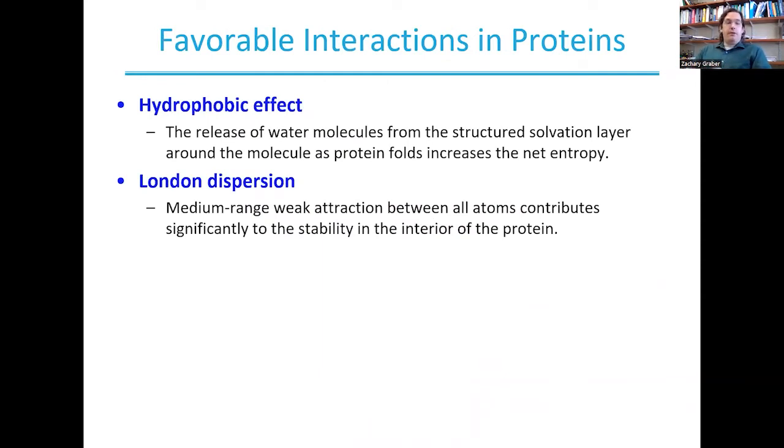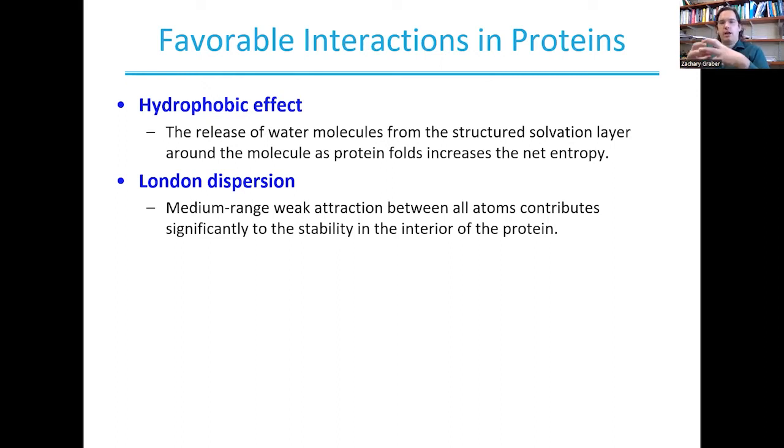So the first and one of the most important interactions that determines our tertiary structure is the hydrophobic effect along with London dispersion interactions between our nonpolar amino acid side chains. So as we've seen previously, the hydrophobic effect is based on this change in entropy that occurs when we release water molecules that are forced into an ordered structure around our nonpolar molecules, right?